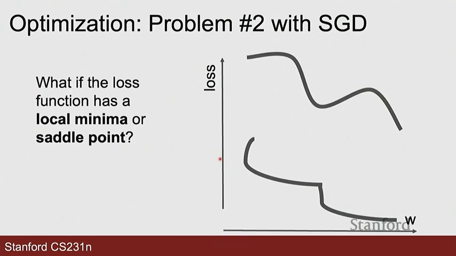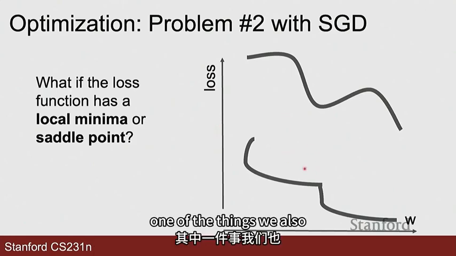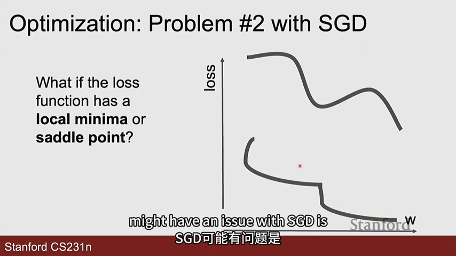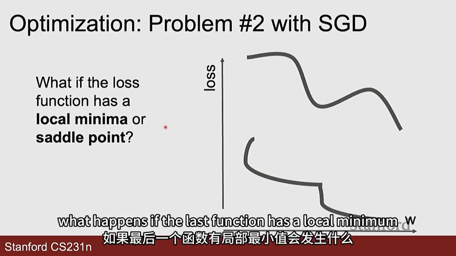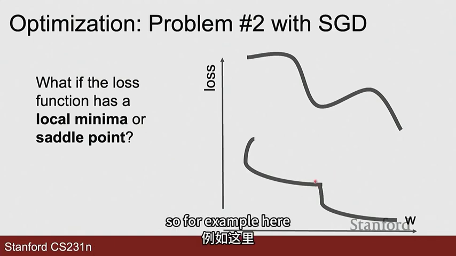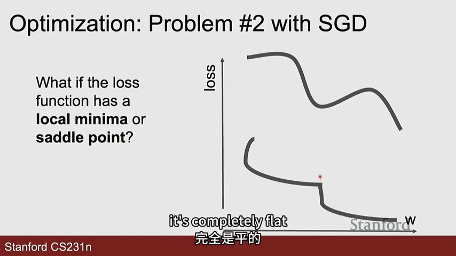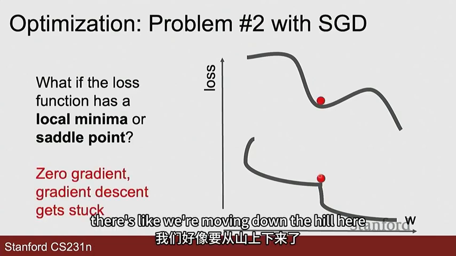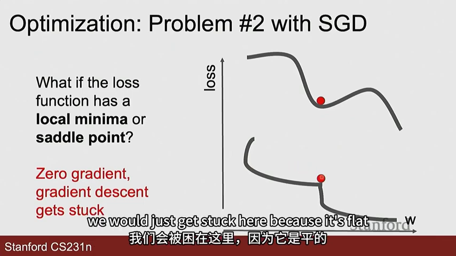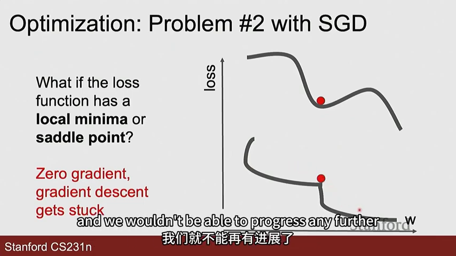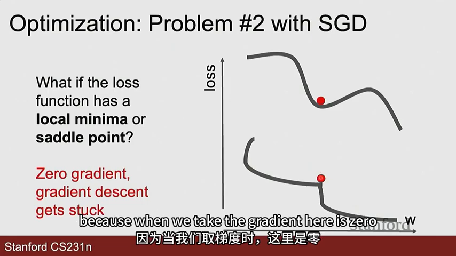All right. So one of the things we also might have an issue with SGD is what happens if the loss function has a local minima or a saddle point. So for example, here for just the very end of this curve, it's completely flat. If we were to imagine we're moving down the hill here, we would just get stuck here because it's flat, and we wouldn't be able to progress any further because when we take the gradient here it is 0.